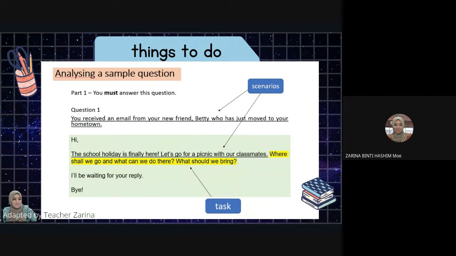For part 2, I suggest about 30 minutes, and part 3, 40 minutes. Altogether that is 20, 30, and 40, which is 1 hour and 30 minutes. This is the sample question for part 1.